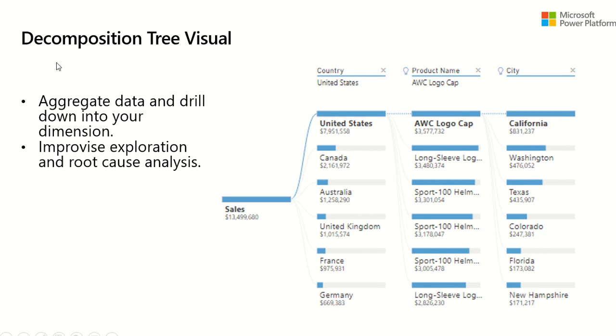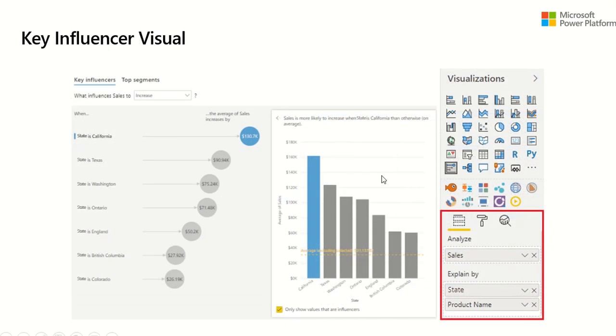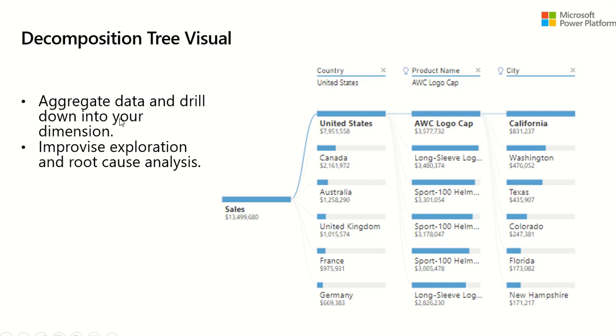So with the composition tree visual, you'll be able to aggregate data. It will summarize data, and you can drill down your summarized data into dimensions, the entities that make up the aggregated data.